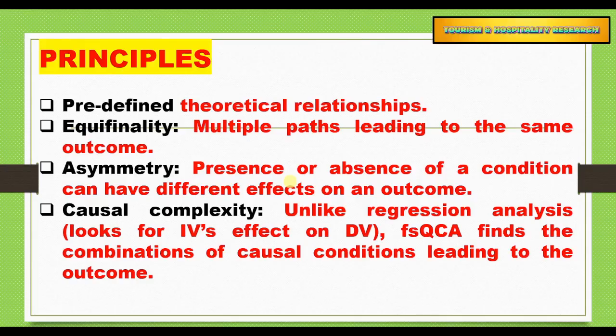The next is causal complexity. Again, unlike regression analysis, which looks for the effect of each individual independent variable on the dependent variable, we get to know by looking at the p-value.